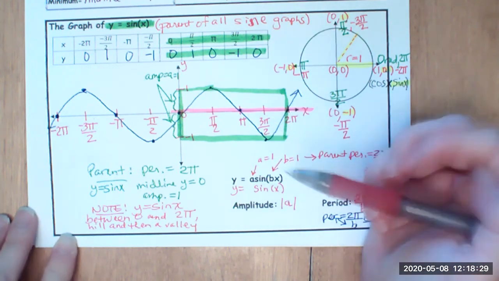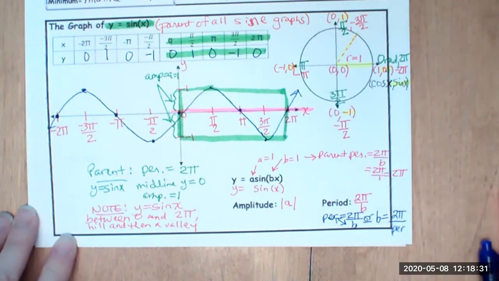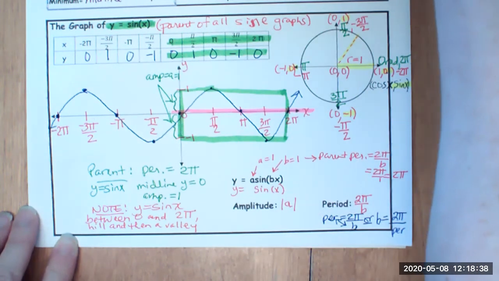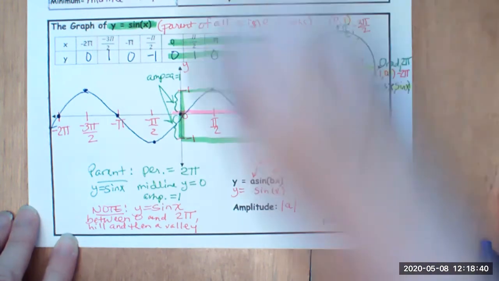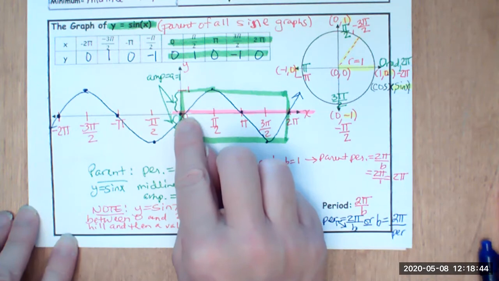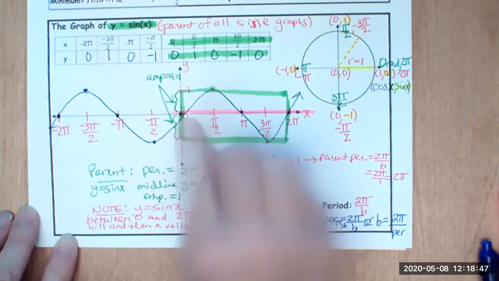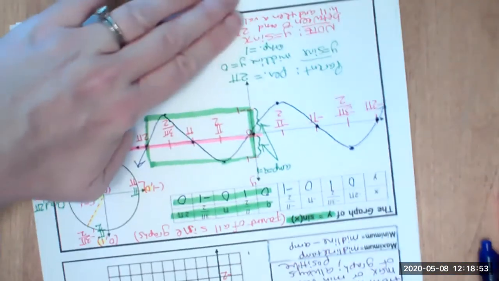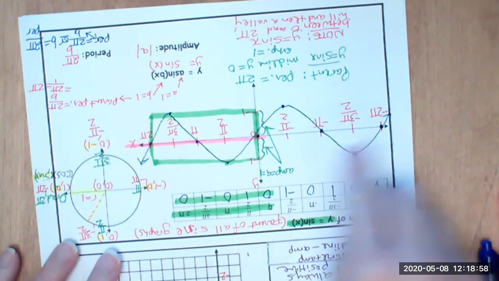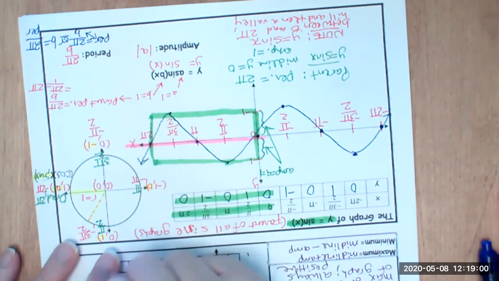Okay, another thing to notice, to go back a number of months to when we were studying odd and even functions, you may remember that an odd function is one that has rotational symmetry about the origin. In other words, if you rotate it 180 degrees, the graph looks identical. So let's do that. I'm going to rotate the paper 180 degrees, and you will notice that the graph looks identical to what we had to begin with.